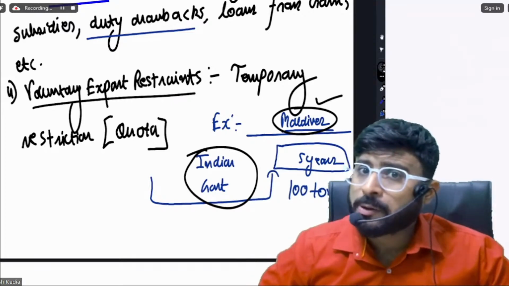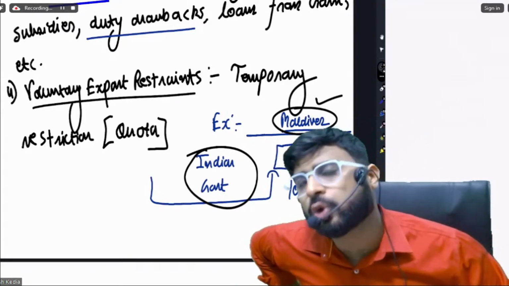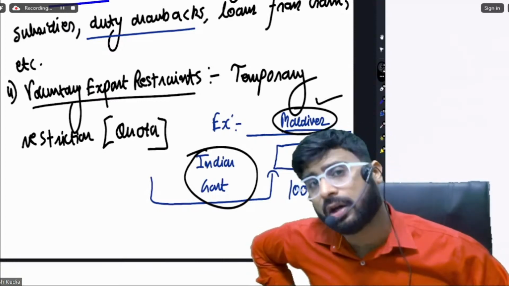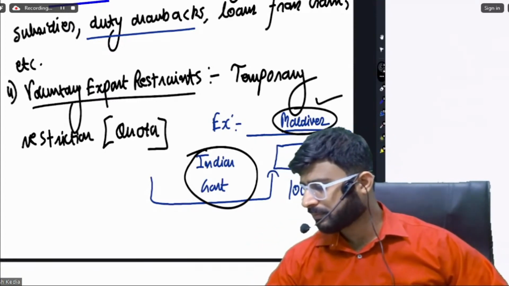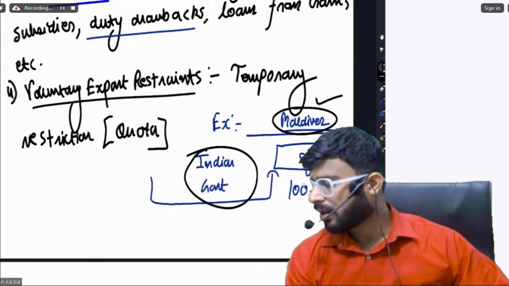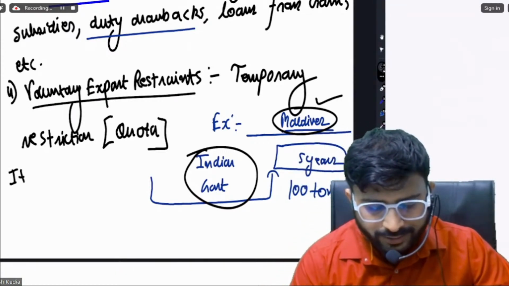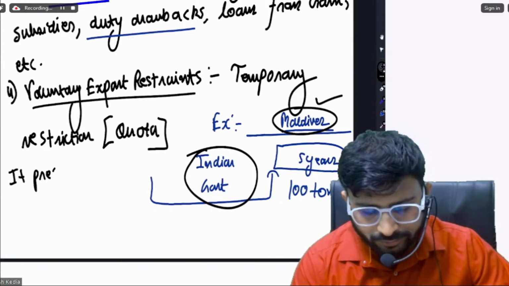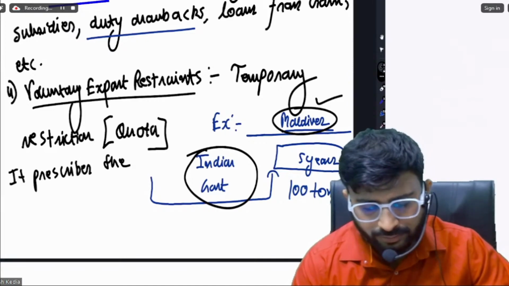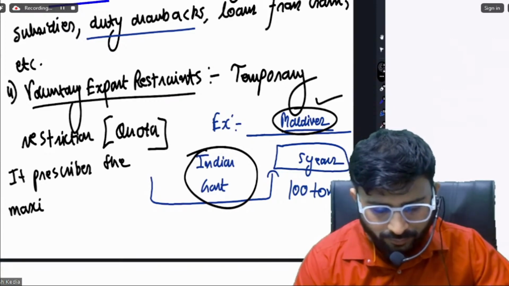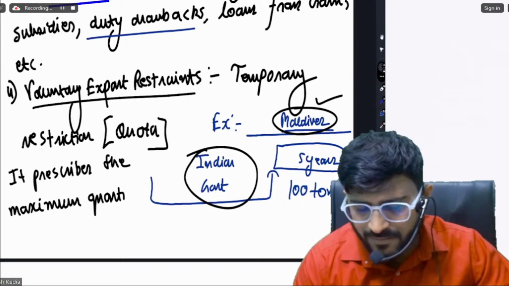Quota, you all remember, is the maximum quantity that can be exported or sold to a foreign country.